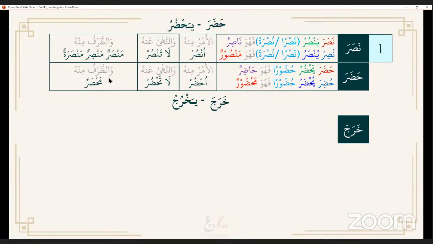It's all written in the chat. Kharaja yakhruju khurujan fahuwa kharijun, very good. Then majhul.